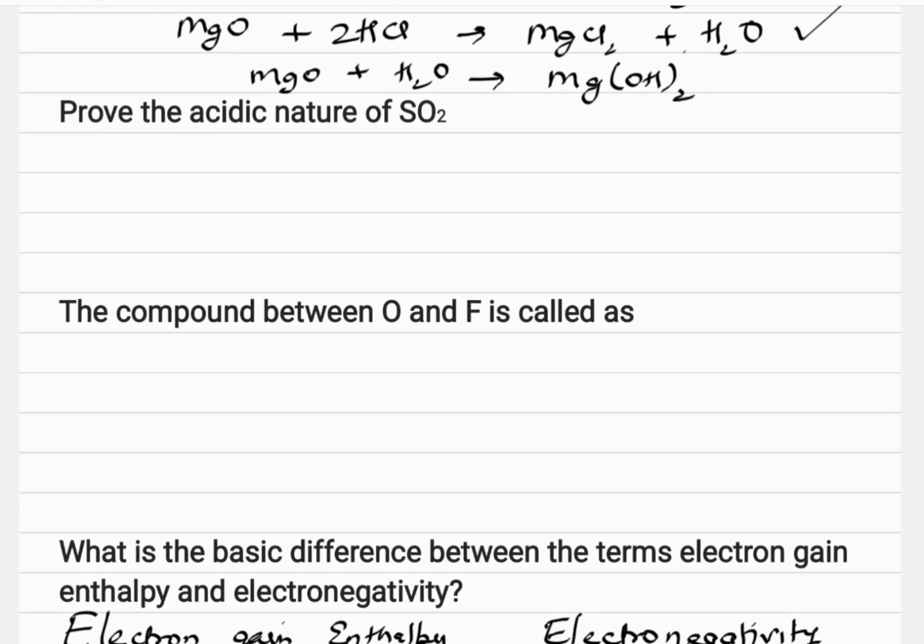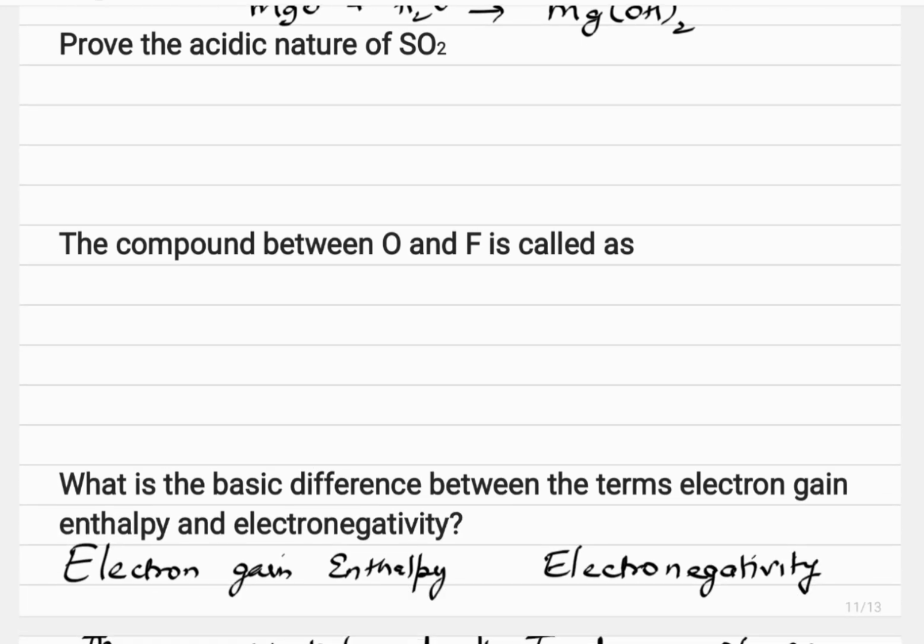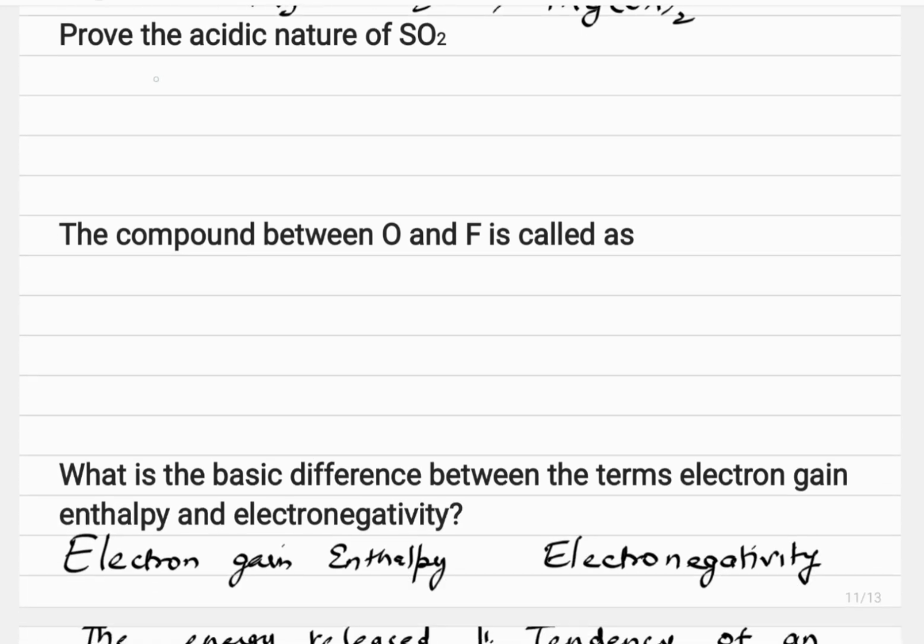Similarly, when you have to prove the acidic nature of any oxide, you take the oxide and make it react with a base. And in the product, you show that a salt is formed and water is formed. Okay, so let's say SO2 and let's make it react with a base. Actually, this could be a little confusing because you may not know the formula for the salt that is formed.